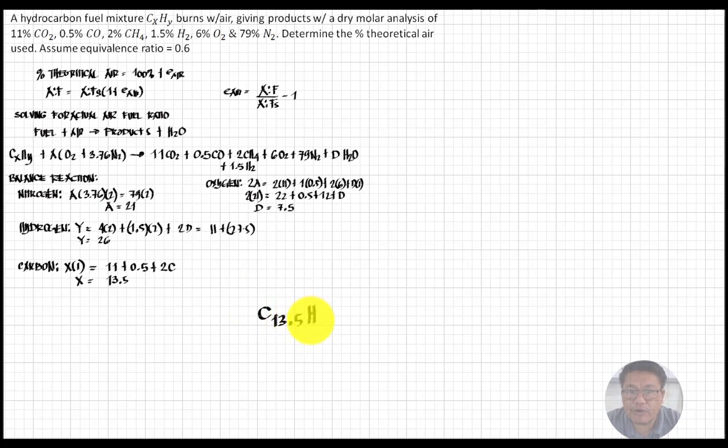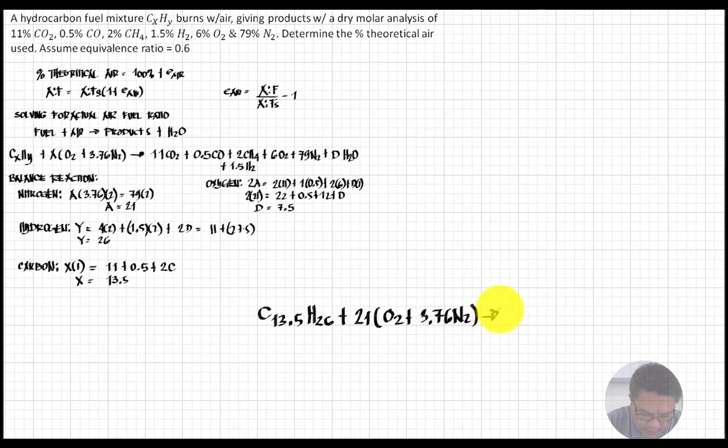Then you have your hydrogen, which is the value of your y, so it will be 26. Then plus the value of A, so that will be 21. Then multiply by your O2 plus 3.76 for your nitrogen.